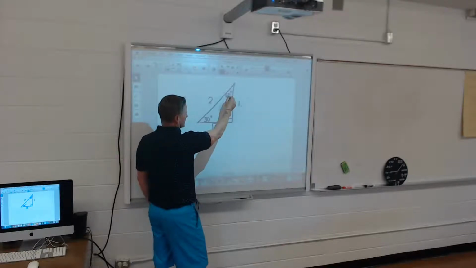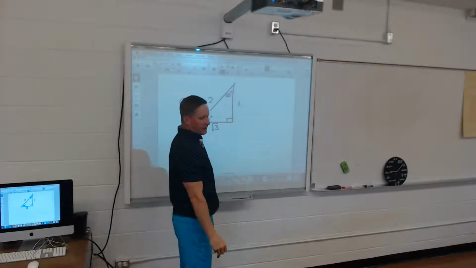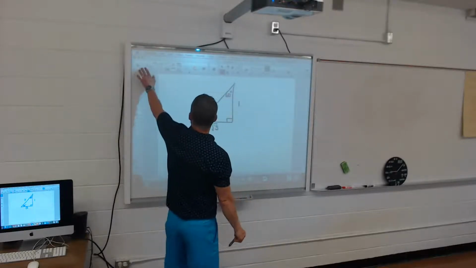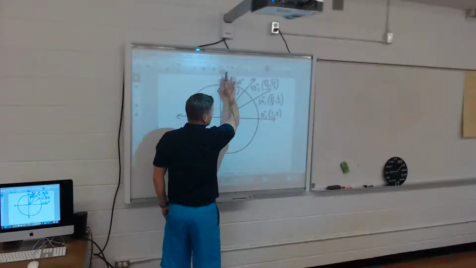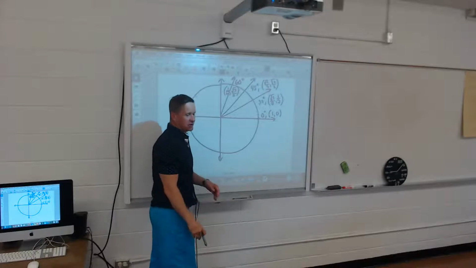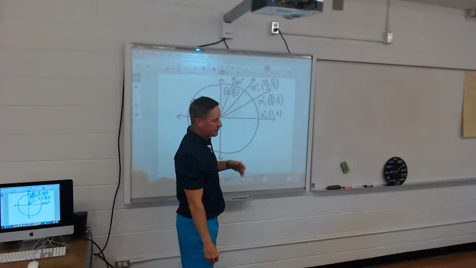The sine of 60, √3/2. Cos of 60, 1/2. Tan of 60, √3/1. Okay, so all of these we labeled all the way around this triangle. These ratios stay the same all the way around depending on the reference angle.